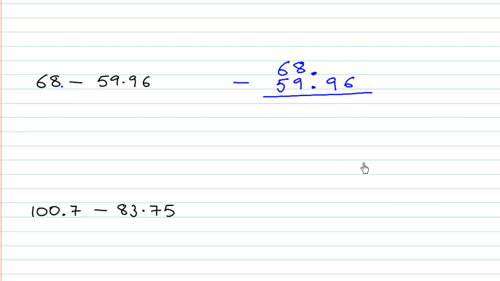And in order to have the same number of decimal places in both the numbers, we place two zeros after 68. So we can consider 68 to be like 68.00. Or if you think in this way, $68 can be represented as $68.00. So it is in the same way.